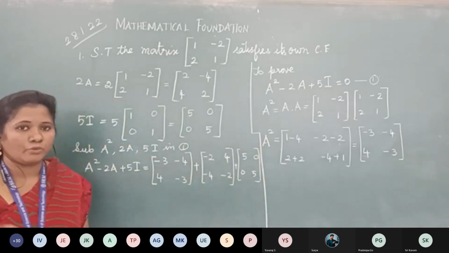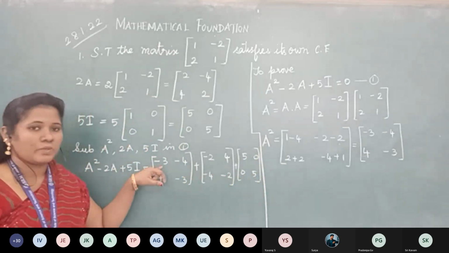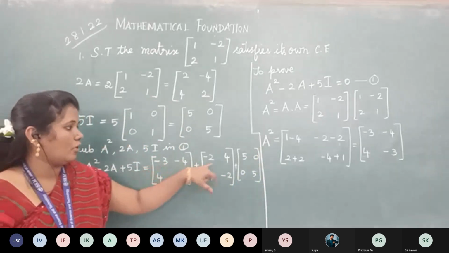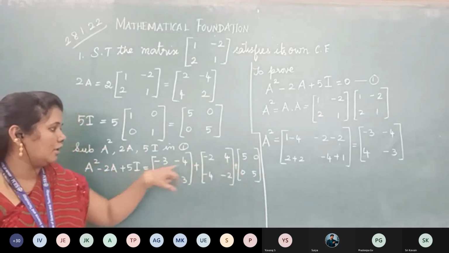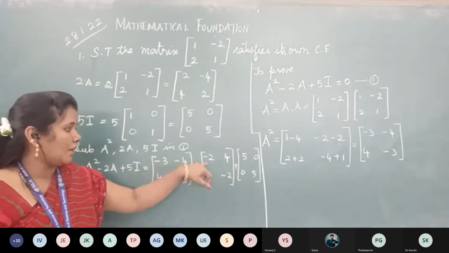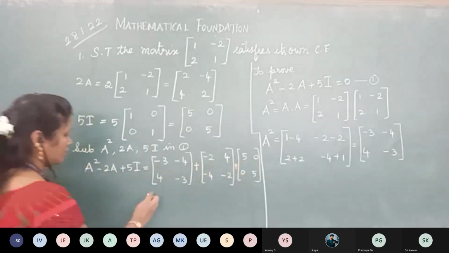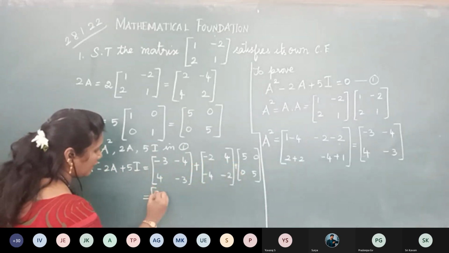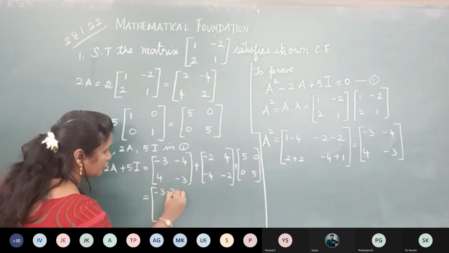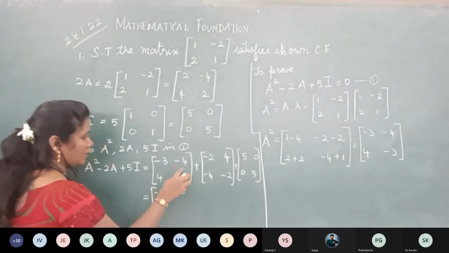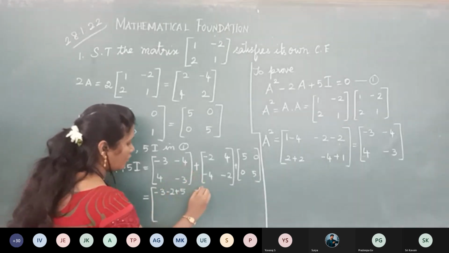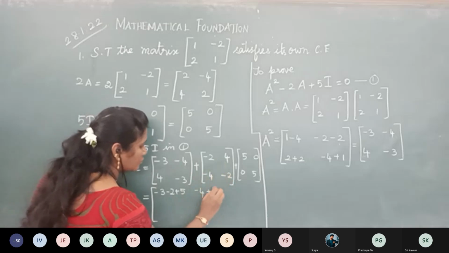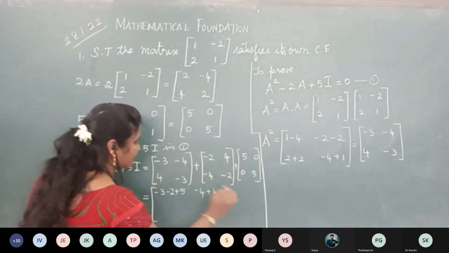For your addition, how do you do it? You take the first value in all the rows. So minus 3, minus 2, plus 5. Then next one, minus 4, plus 4, and 0.